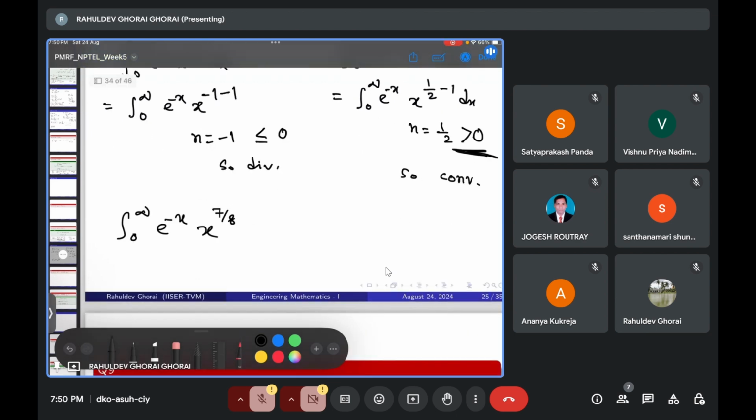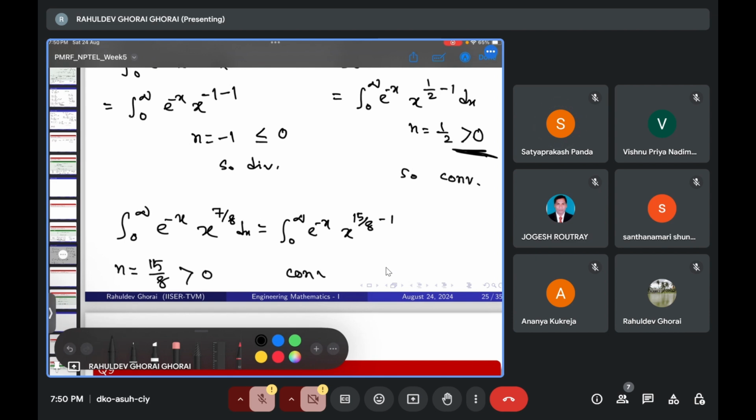What is the value of n here? I mean, how can you write this function, 0 to infinity e to the minus x times x to the power 15 over 8 minus 1, right? Yes, sir. So n will be 15 over 8, which is greater than 0.